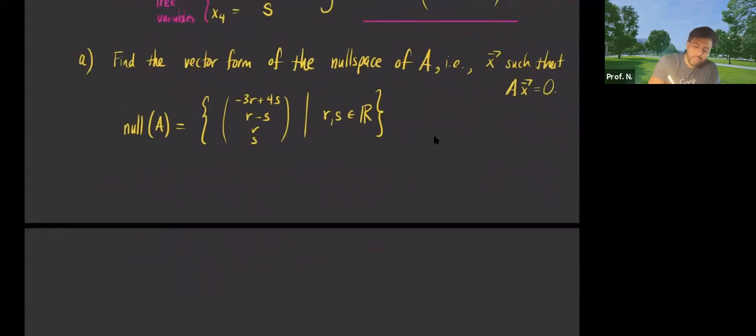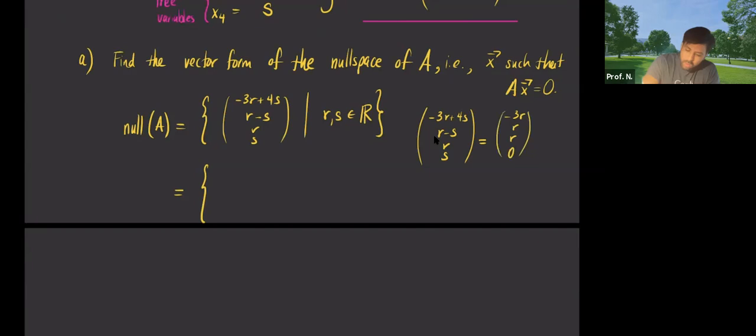Or instead of doing that, what do we do? We reassociate them. We kind of separate these columns here. And how can we separate this? Split this up into a vector that has only R's in it and a vector that only has S's in it. So this becomes negative 3R, R, R, 0, plus 4S, negative S, 0, S.